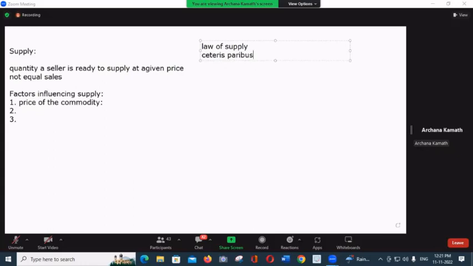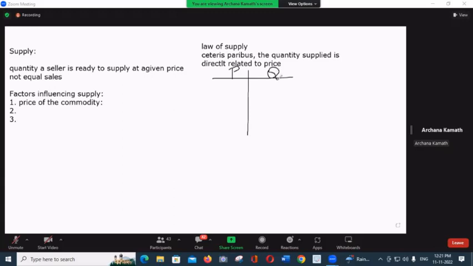We say that the quantity of a commodity supplied is directly related to the price of the good. When price increases, supply also increases, and when price falls, supply also falls. That is a positive relationship.